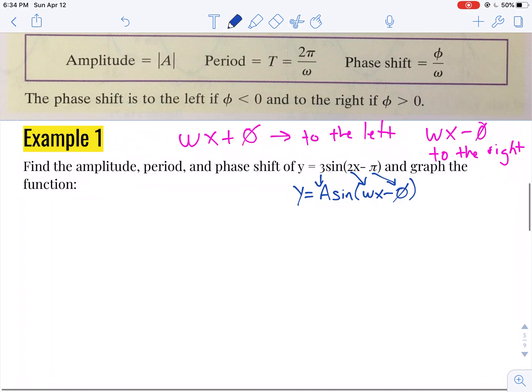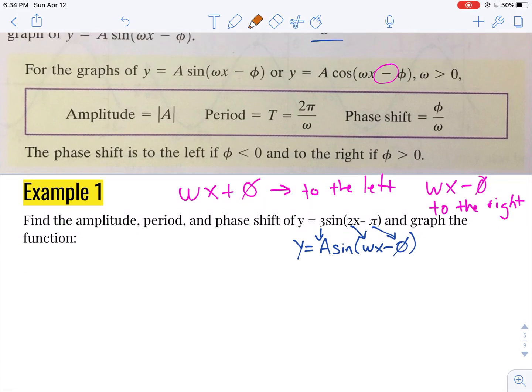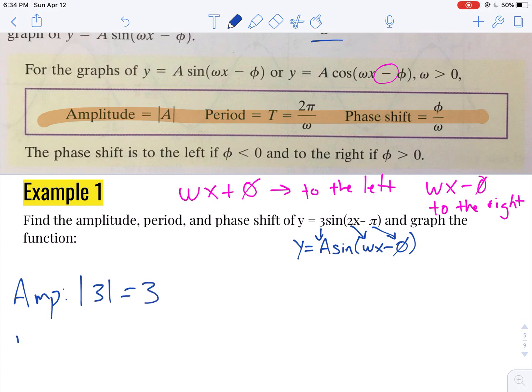And then I can start thinking about these formulas I have up here on this previous slide, the ones that I just highlighted. I can say my amplitude is just going to be the absolute value of positive 3, which is just 3. I can say that my period is 2 pi over omega. Omega in our case is 2. That reduces, and I'm looking at a period of pi.